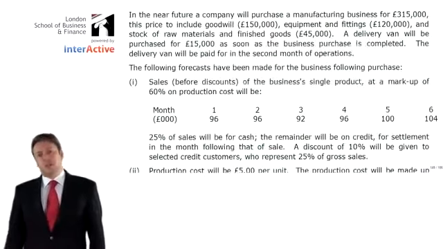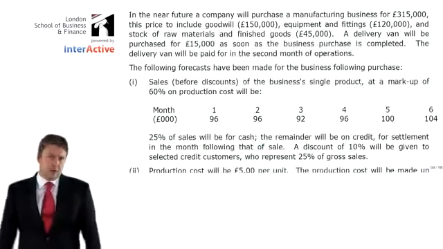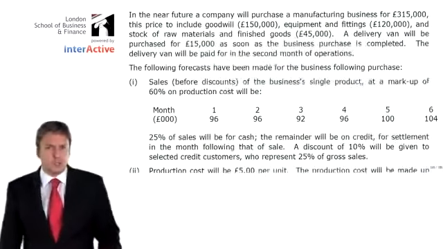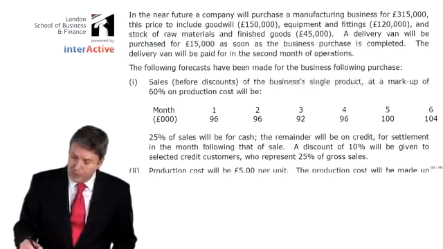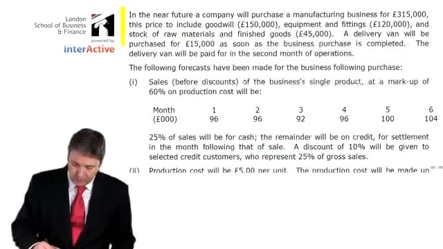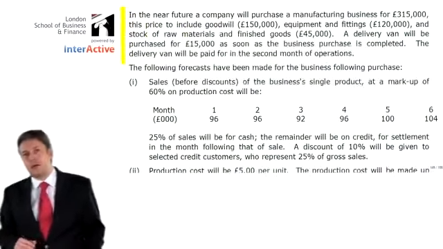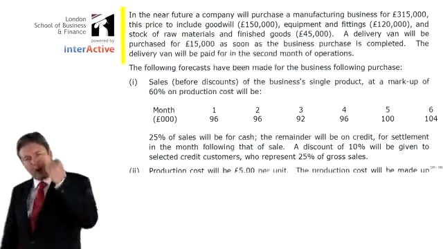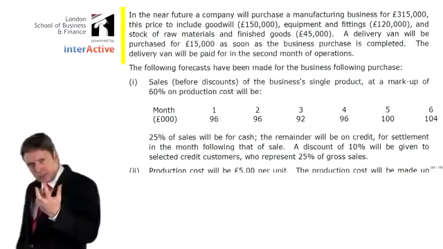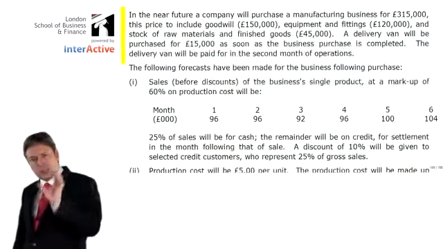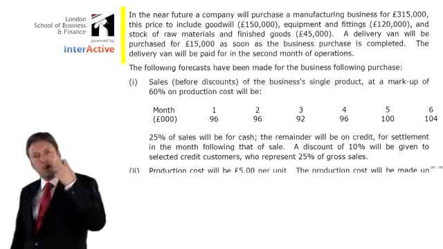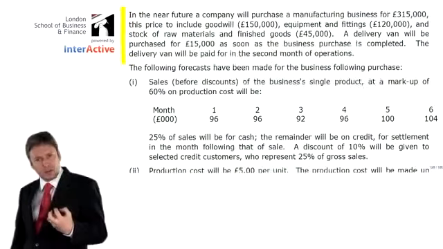If we're looking at the question, the first paragraph is all about the business purchase. And although we will have to consider it, I do not intend to look at that paragraph first. Remember, I said to you that the starting point of this question is going to be something that gives us information for each and every one of the months.